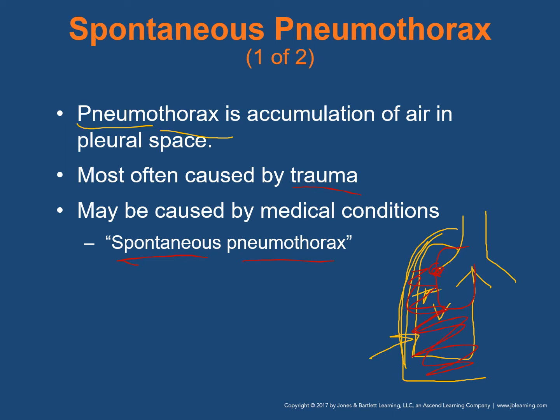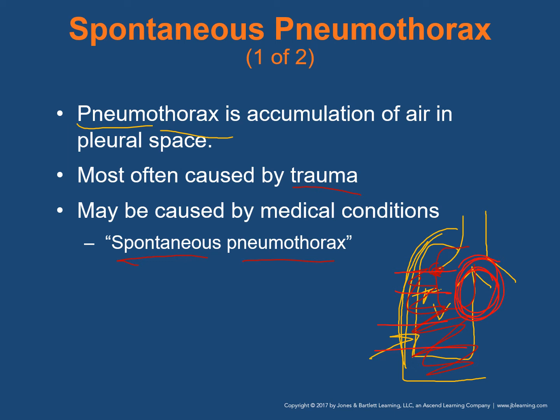So it can cause a tension pneumothorax, where so much pressure has built up in this space that, if you know the heart sits here, that pressure builds up and kind of compresses that heart. So the heart can't fill, nor can it output the amount of blood needed for our body's homeostasis.